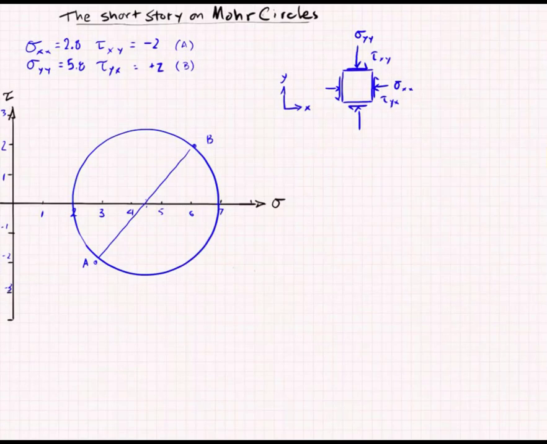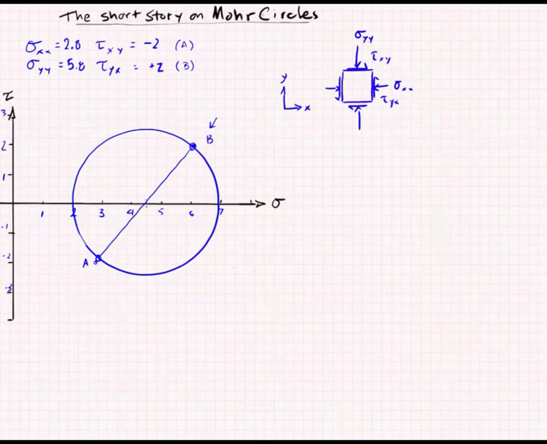So there's our Mohr circle, and here are our values A and B that we were given, but now we can turn in any other orientation and find what acts on that plane. So let's start by looking at point B here, which is the set of normal and shear force acting in the vertical direction on a horizontal plane.